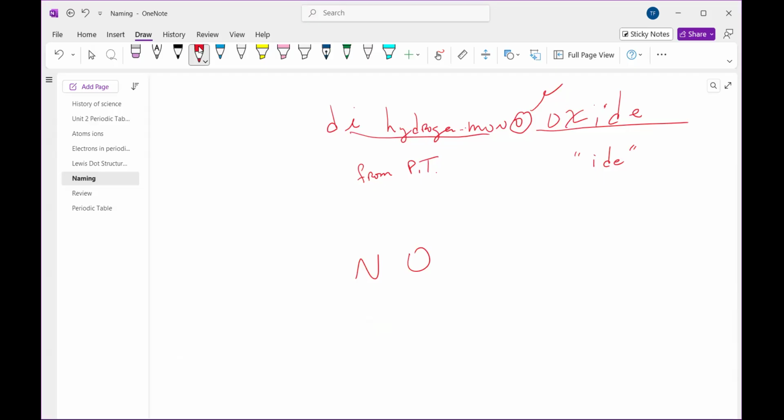Okay, nitrous oxide is one name. There's another name. The IUPAC name for it is not nitrous oxide, actually. It is called nitrogen. Now, how many nitrogens are there? One.